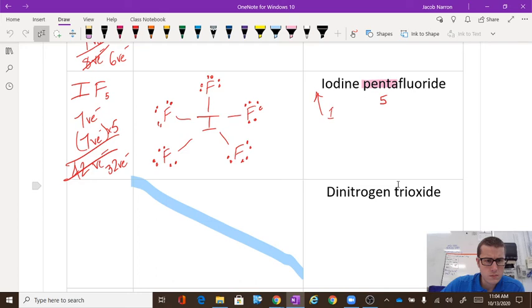If I've done 30, I can stop because I can see that all my fluorines are happy, but we still have 2 valence electrons left to deal with. All my fluorines have 8 out of 8, that's all they can hold, so iodine is going to have to take the extra ones. We'll put those extra 2 right there on iodine, which is fine. Iodine can have more than 8.